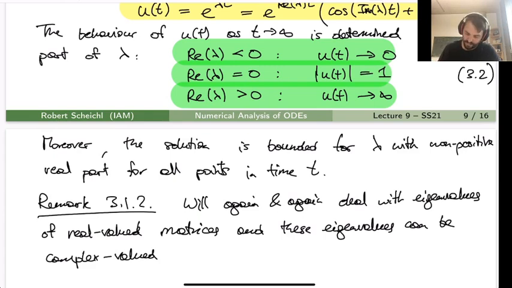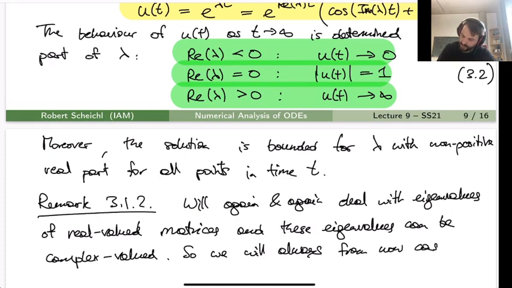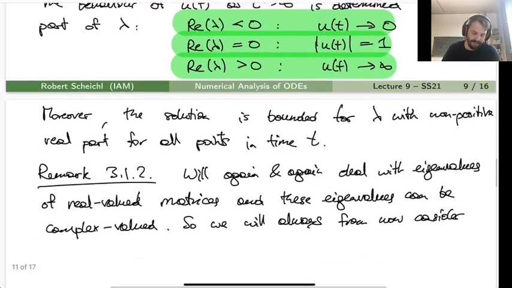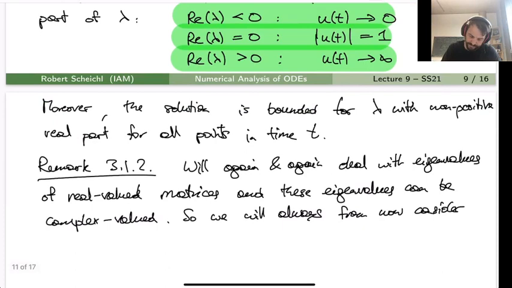And so we will always, from now on, consider complex valued IVPs. So just bear that in mind.